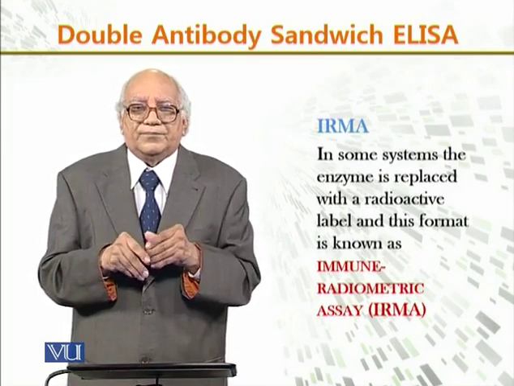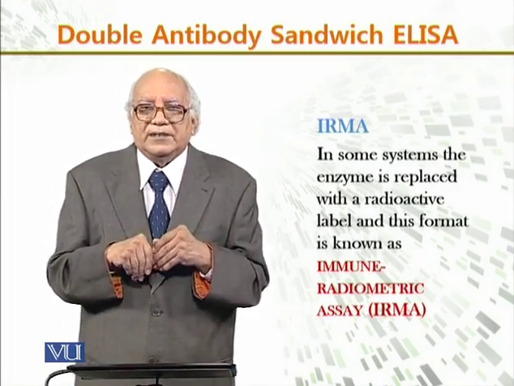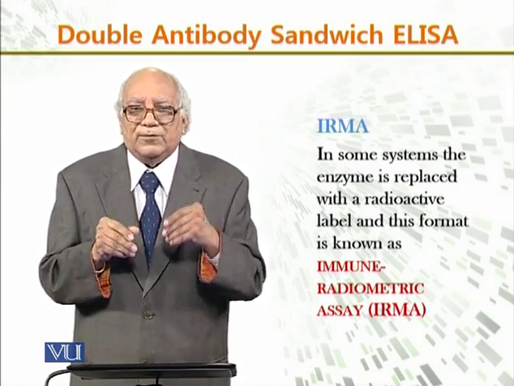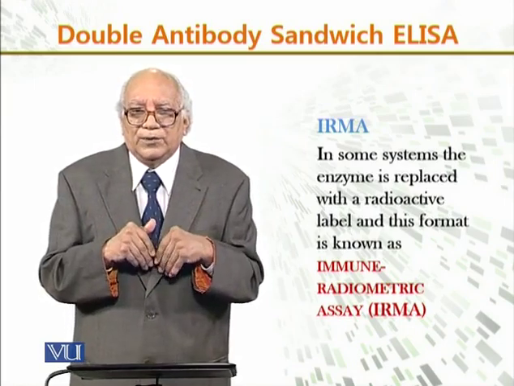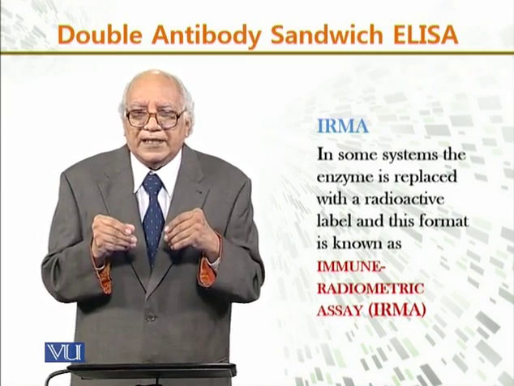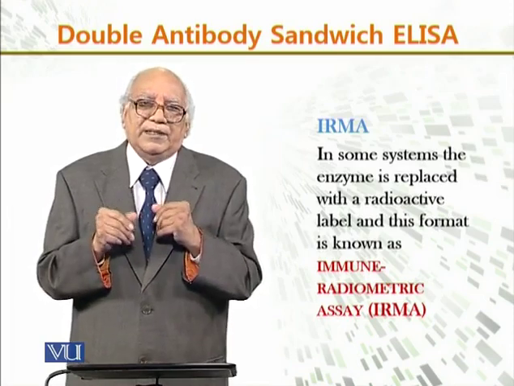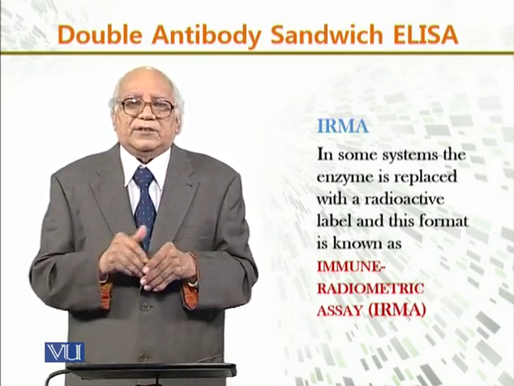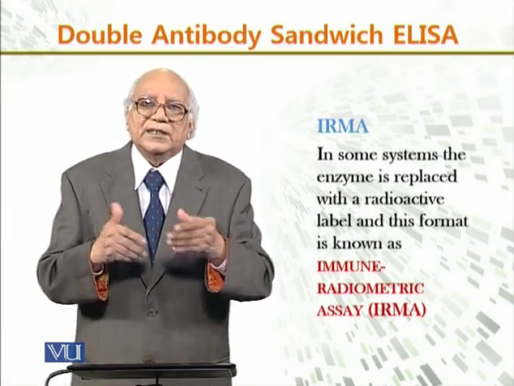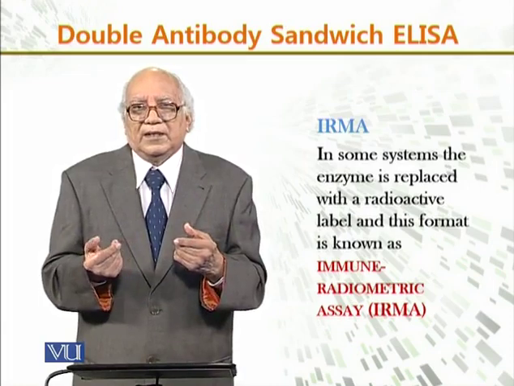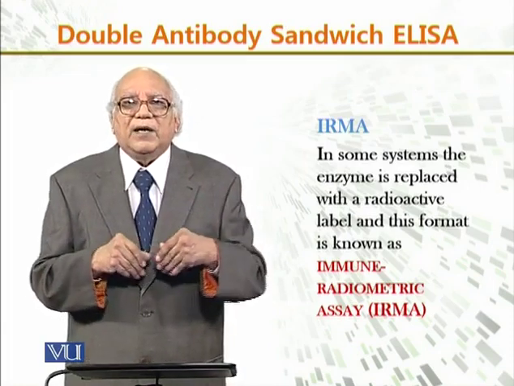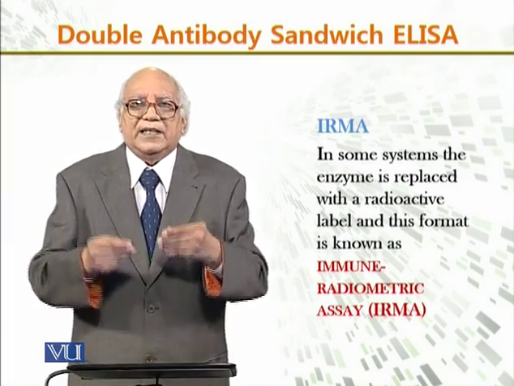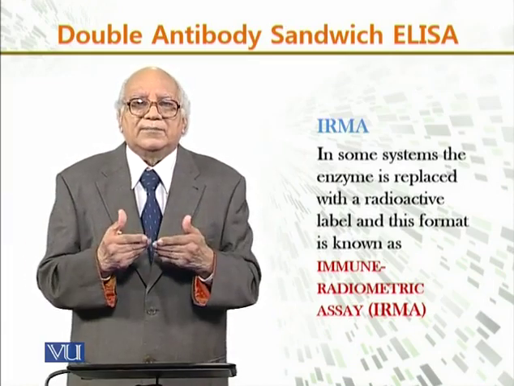In some systems, the enzyme is replaced with a radioactivity label, and this format is known as immune radiometric assay, IRMA. So you see that during the diagnostic process, we use different markers. In the previous one, we used a marker enzyme, which gives a chromogenic reaction, that is the production of color.